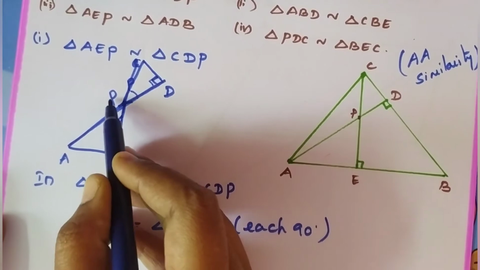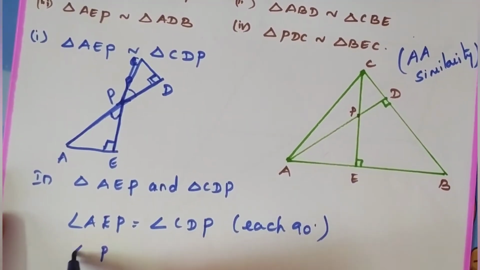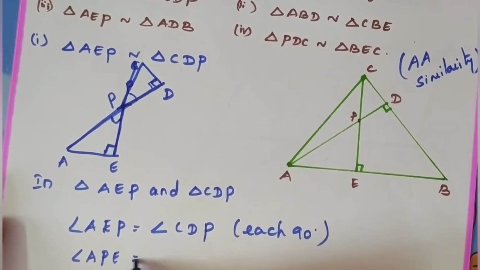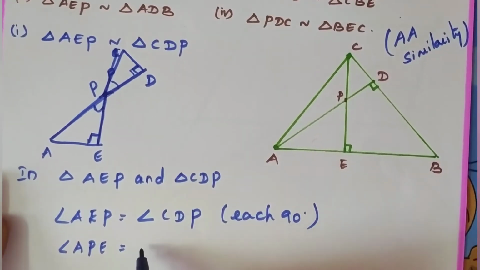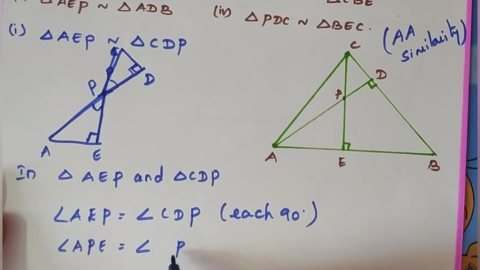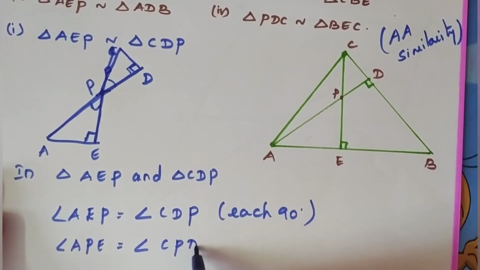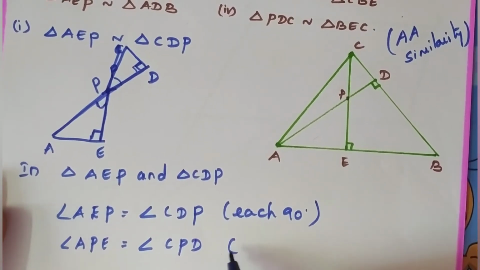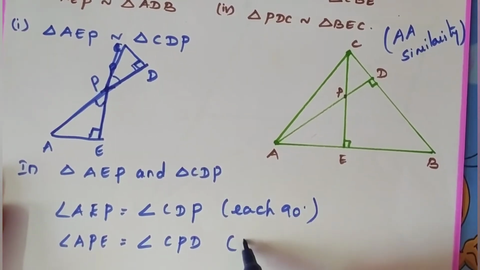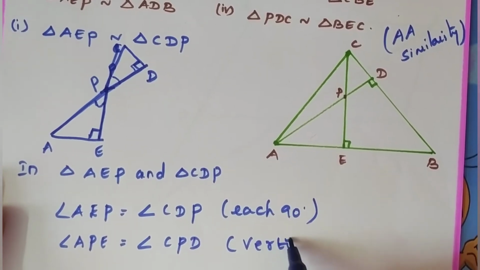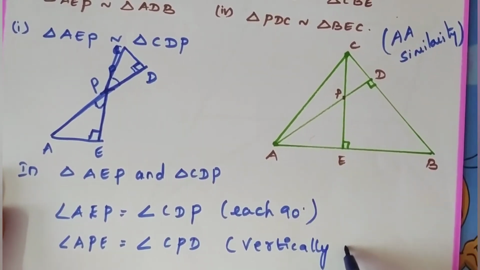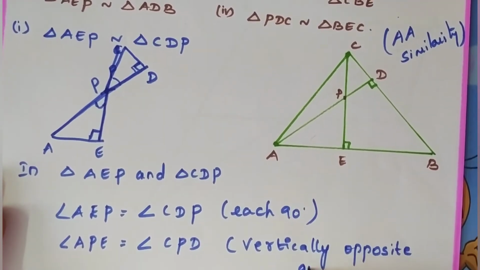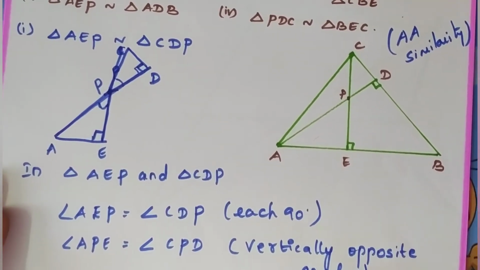Next, what I said, these two angles are equal. Which angle do we have to denote? P. So write in between and write the remaining vertex name. Okay, and then angle APE is equal to angle CPD. These are vertically opposite angles.